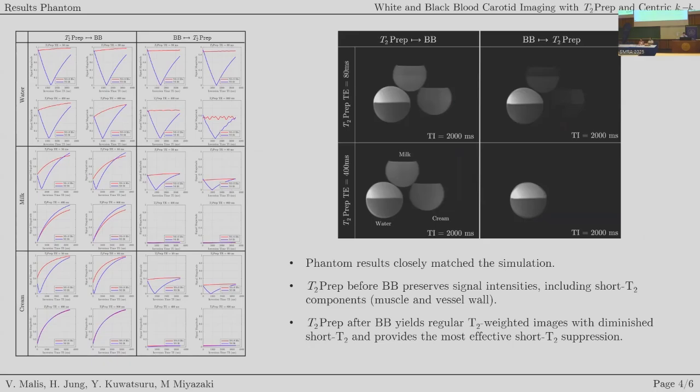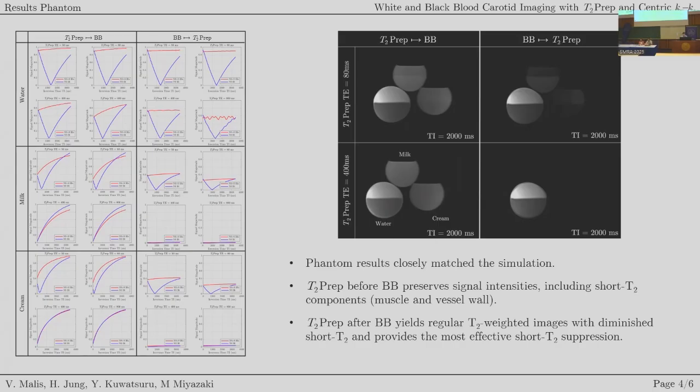The results of the phantom study were also close to the results that we got from the simulation. As you can see here on the top, these are example images that we obtained with the phantom. For the phantom, we used water, milk, and cream to cover a large range of T1 values. The water has a long T1, milk is something similar to venous blood, and cream is something similar to muscle and surrounding tissue.